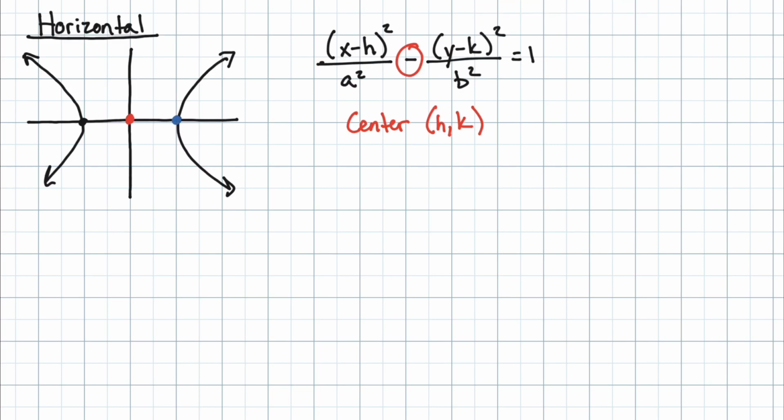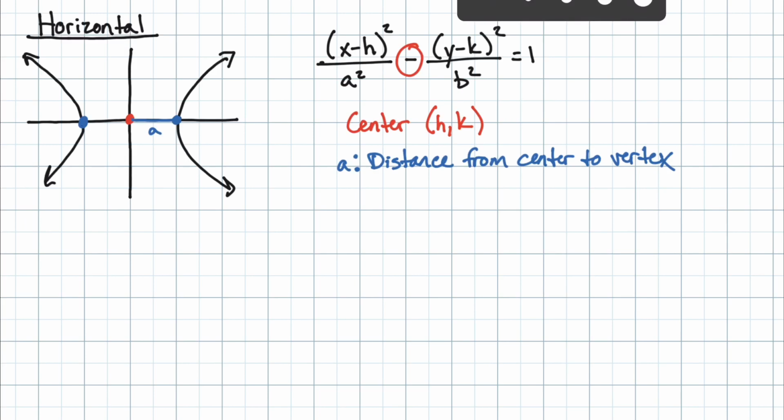All right, your a value is the distance from the center to a vertex. In a fun twist of events, the b value you don't actually see on this graph.